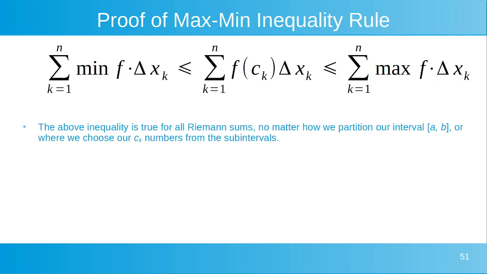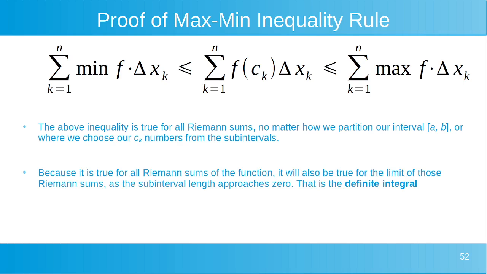So the above inequality is true for all Riemann sums, no matter how we partition our interval from a to b, or where we choose our ck numbers from the subintervals. Because it's true for all Riemann sums of the function, it'll also be true for the limit of those Riemann sums as the subinterval length approaches 0. And the limit of a Riemann sum as the subinterval length approaches 0, that is the definite integral.